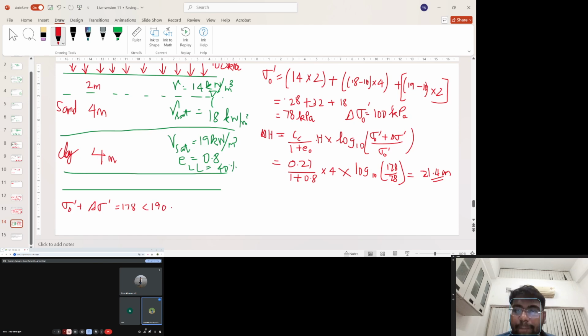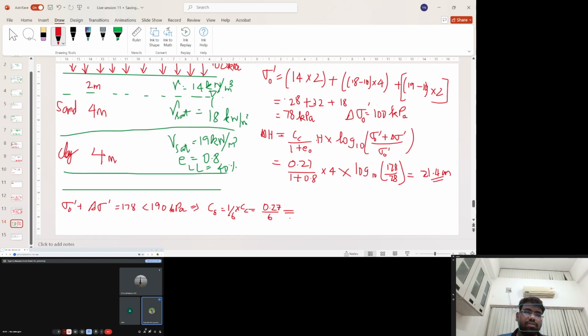All right. Yes, sir. So this is a completely over consolidated soil, right? So here we need to use, instead of Cc, Cs, which is 1/6 of Cc. So 0.27 by 6.